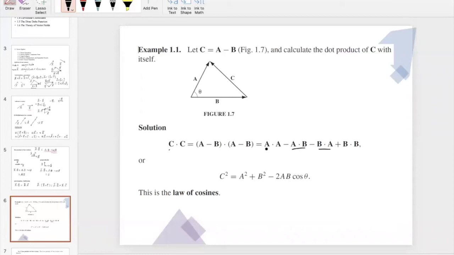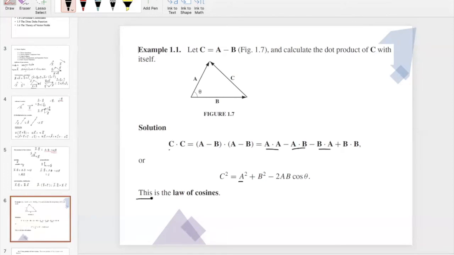Let's notice here it's a bold A dot product bold B. That means when the font is bolded, it's a vector. But here it becomes a scalar. So it's scalar A squared plus scalar B squared subtracted by 2AB cosine theta.